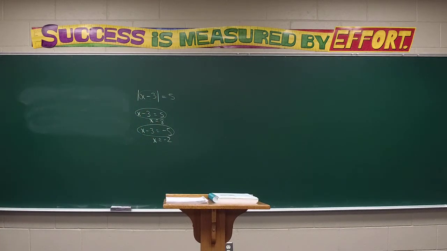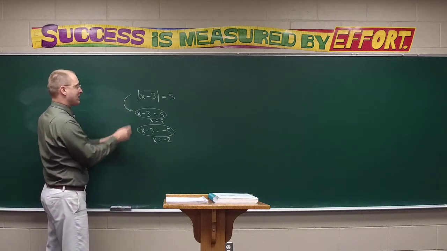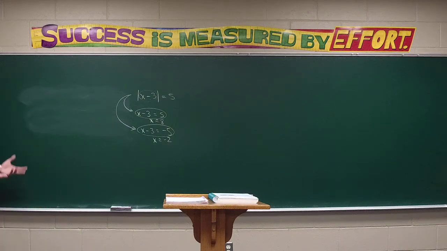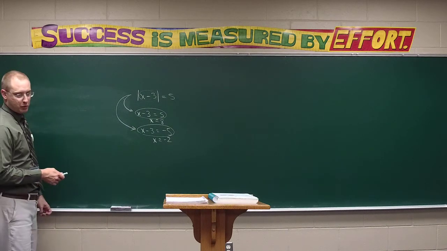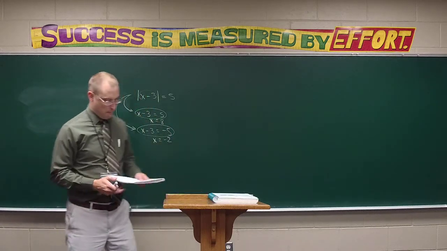Whatever meaning whatever's on the other side, but I'm too lazy to write all of that. So isolate the absolute value and then make 2 equations in which you set it equal to positive and negative whatever happens to be on the other side. And of course, step 3, solve the 2 equations.